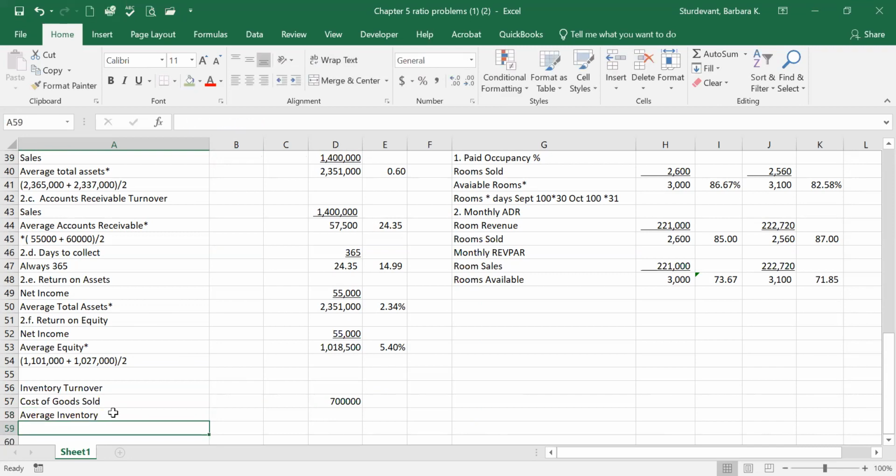And so for inventory, we'd have to do the 10 plus 12 and then divide it by 2. That's going to give us 11.